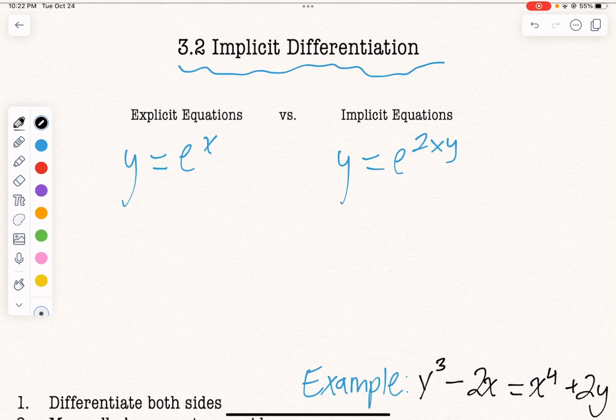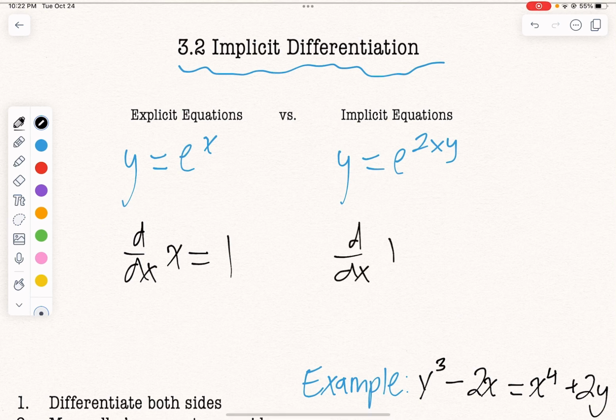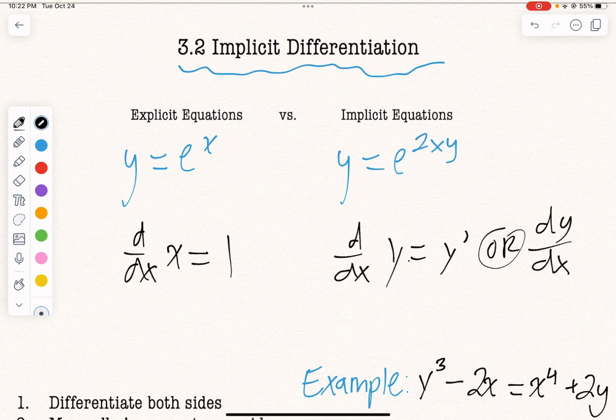When it comes to differentiating x's versus y's, we know that d over dx of x equals 1. However, the derivative of y just equals y prime, or you can see it written as dy over dx, and that's the way I will more than likely be using throughout the video.